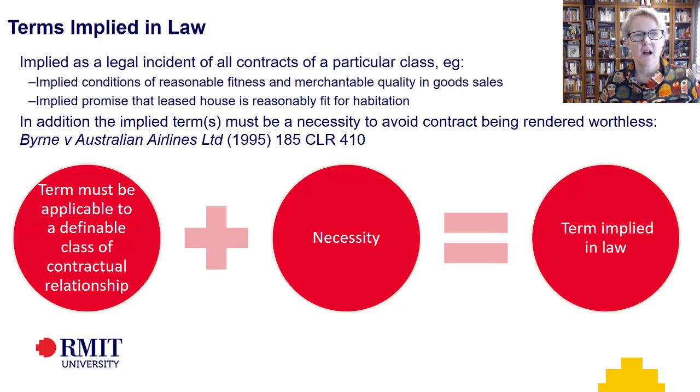There's also an implied term that all goods should be of merchantable quality. Now note that terms that are implied by law can be specifically overridden by the private agreement that's reached by the parties. But where we find terms implied by law is this particular term will be implied in all classes of contract of this type.